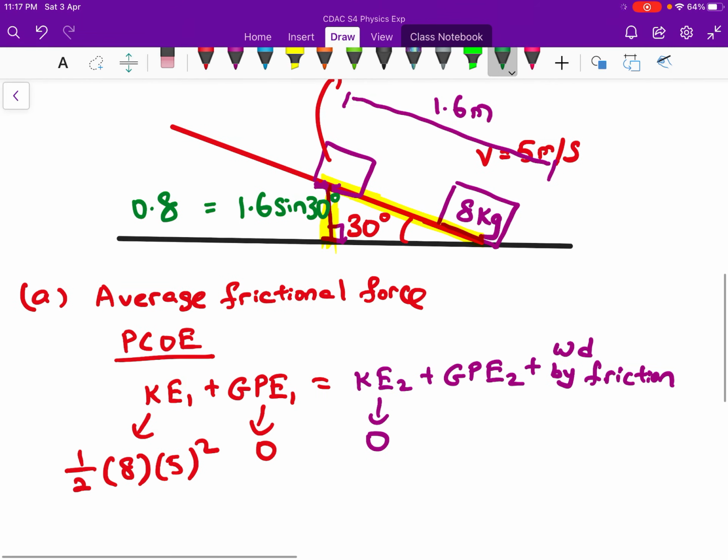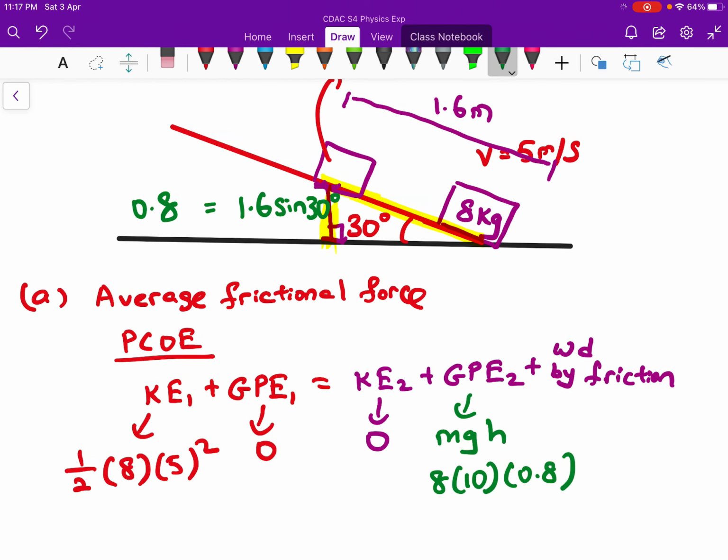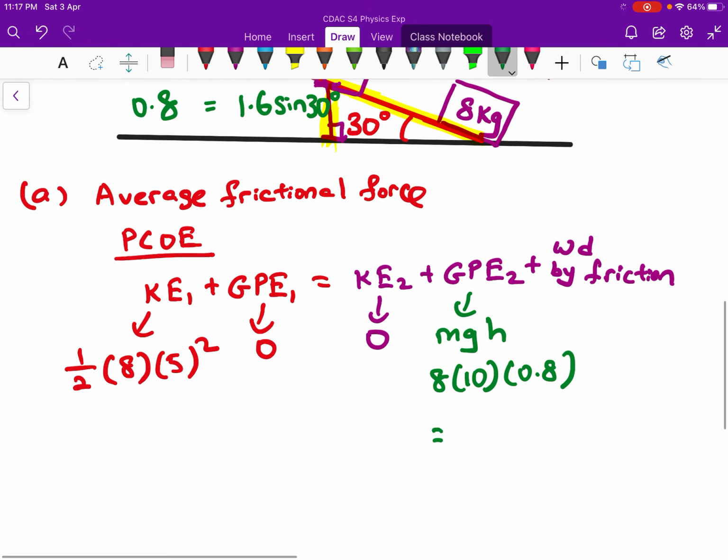So my GPE2 is mgh, where m is 8, g is 10, and h is 0.8. If we calculate, we should get about 64 joules. So basically the gravitational potential energy gained by my box is 64 joules.